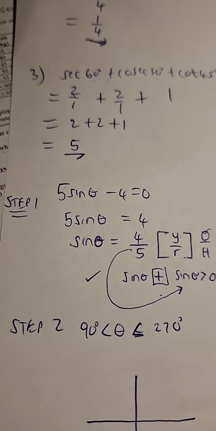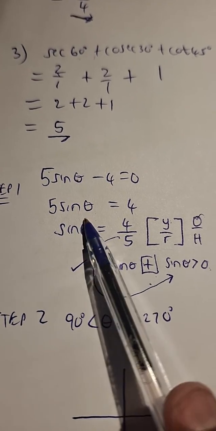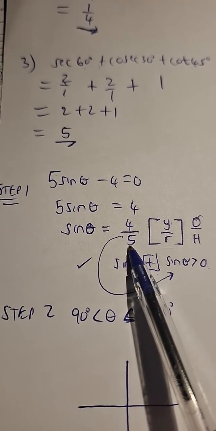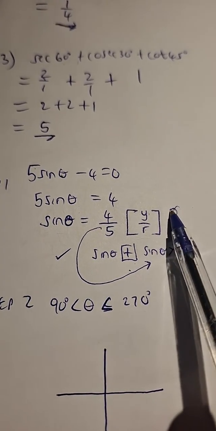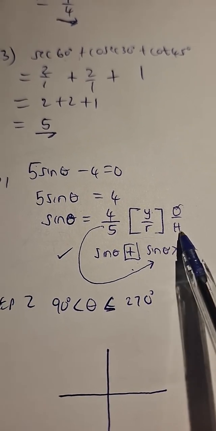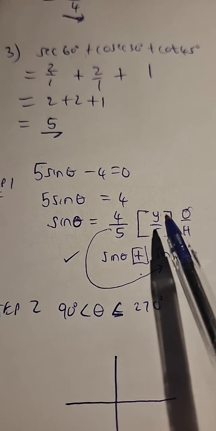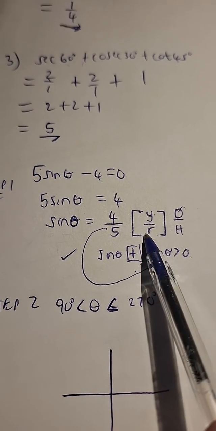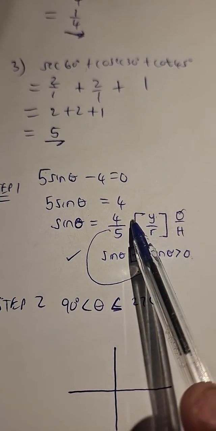Sine theta is equal to 4 over 5. This is the trig ratio sine theta. It's equal to 4 over 5. Then I said to you that this numerator stands for y, the opposite side. This denominator stands for r, the hypotenuse side. So your y and your r are relevant in the Cartesian plane. That's why we feature them. Then this 4 over 5, is it a positive or a negative number?